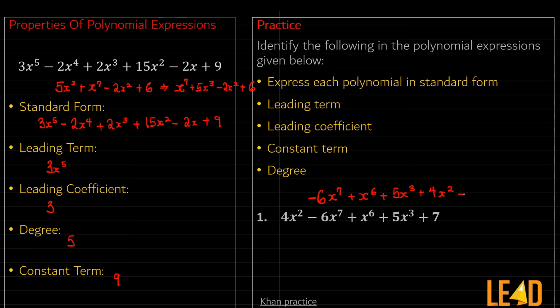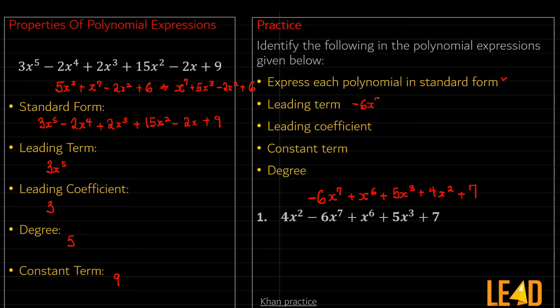1, 2, 3, 4, 5. Okay, good. Again, you probably want to look out for the sign, so that you don't just throw away the sign, because the sign actually belongs to, you should lump it with the number in front or after the sign. Okay, so this is my standard form. The leading term would be the first term, so it's basically just negative 6x to the power of 7.